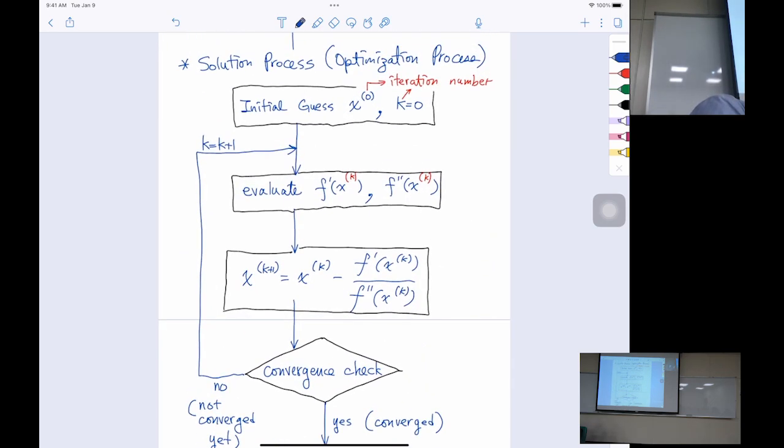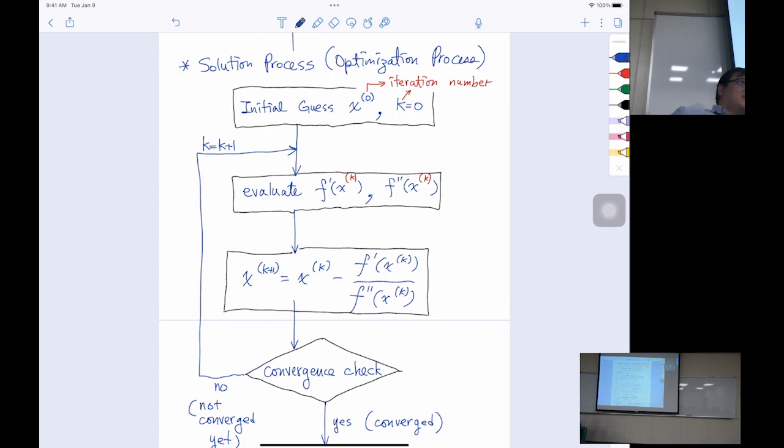Does this method have a limitation? Or is this method very robust, so it can be applied on any function? Okay, this method is not Superman.